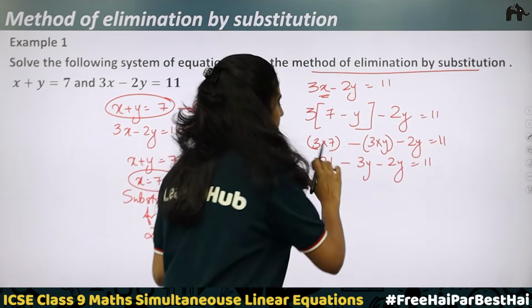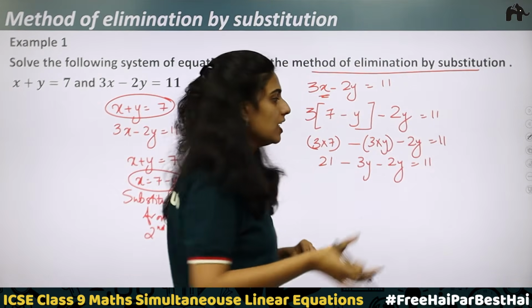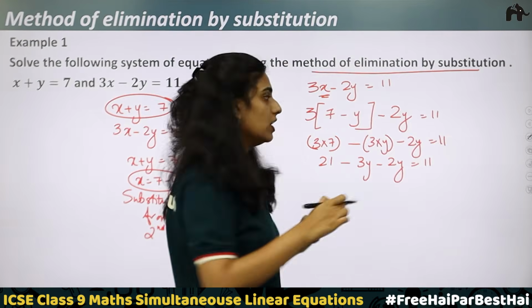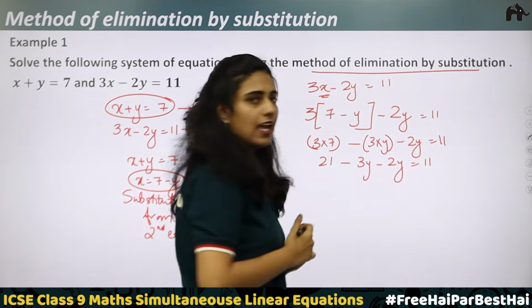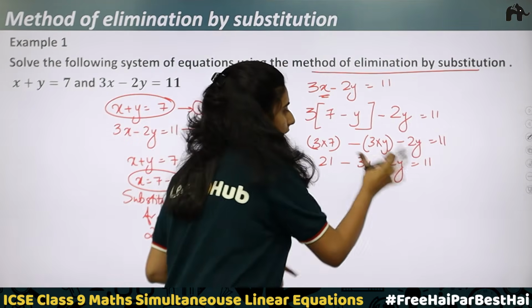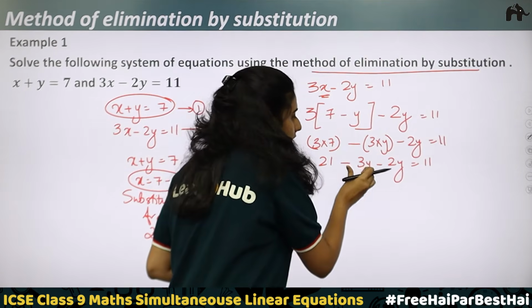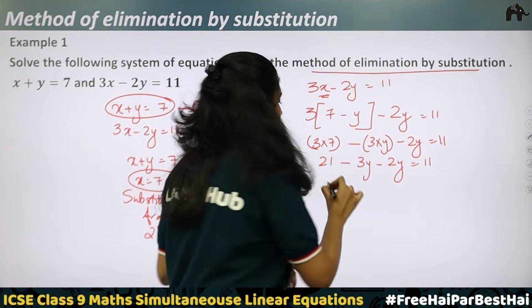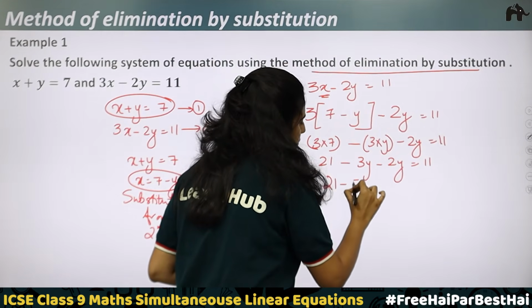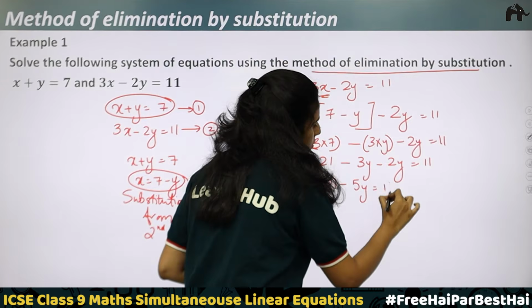Here, we have eliminated x from the equation by substituting the value of x in terms of y. You cannot find any x here, there is no x, only y we have. What is minus 3y minus 2y? You will be getting minus 5y. So, 21 minus 5y is equal to 11.